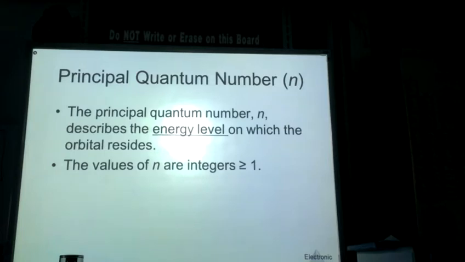So as N increases, that means that ultimately my orbitals are going to become larger, the electron's going to spend more time away from the nucleus, and an increase in N also means that an electron's going to have a higher amount of energy because it's going to be less attracted to that nucleus since there's so much distance separating the electron from the nucleus. So because it doesn't have as much Coulombic attraction, it's going to have a higher amount of energy, okay?